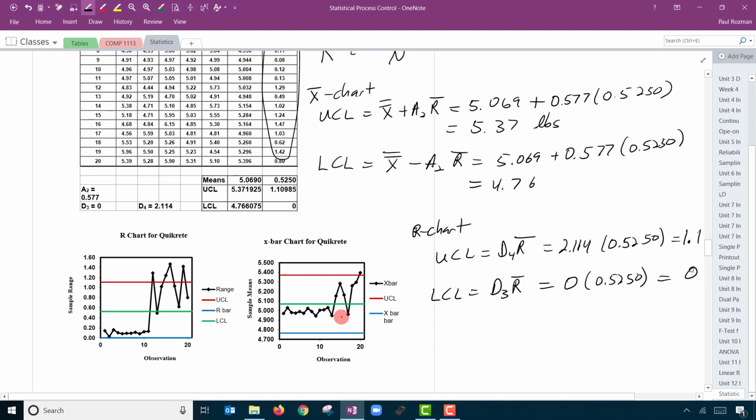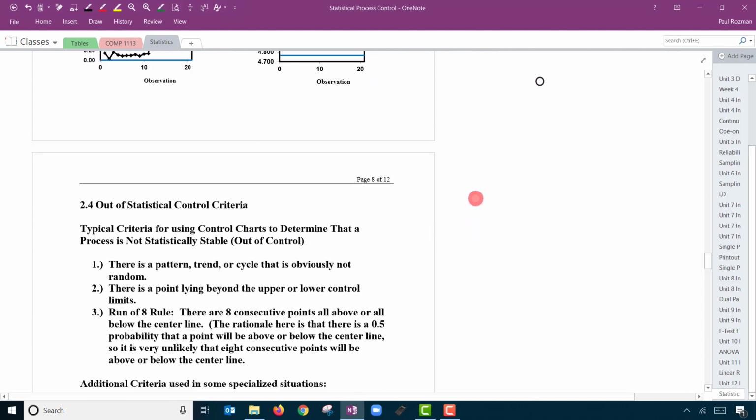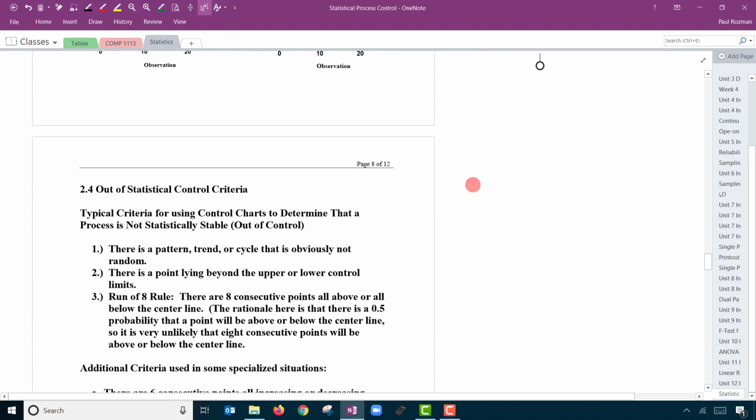I'm saying this, but I haven't given you any rules for how we really evaluate these things. And there are basically 3 simple rules that are typically used. Rule 1 is if you see a pattern, trend, cycle, whatever, if it's not random, something's fishy.